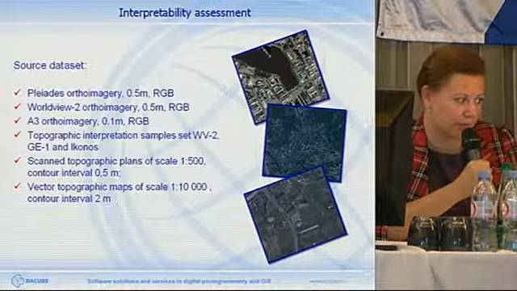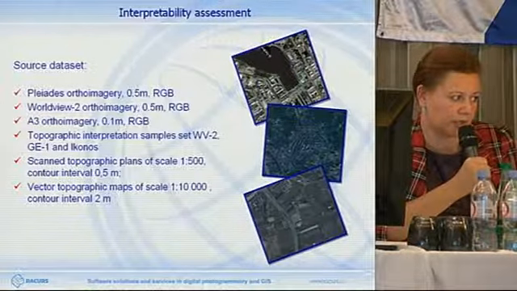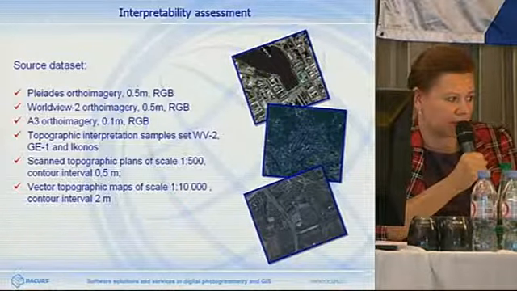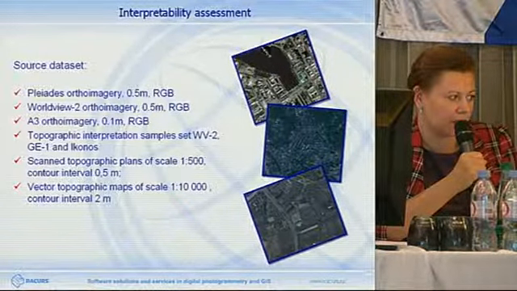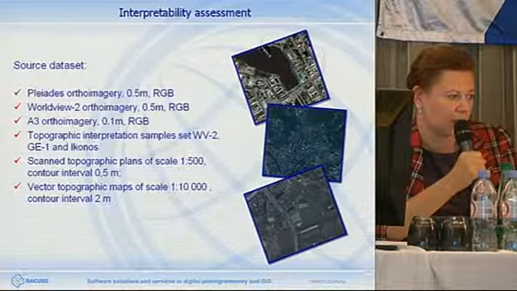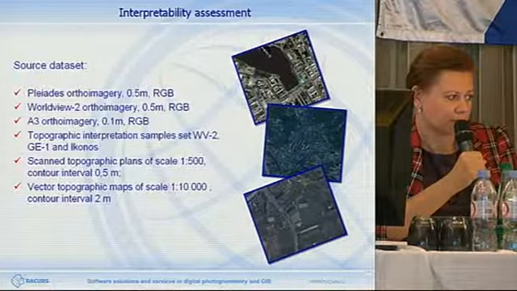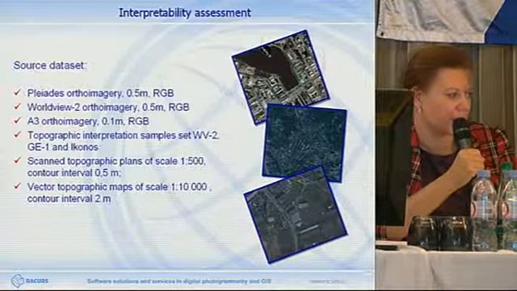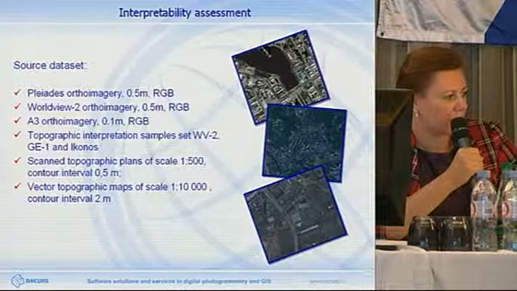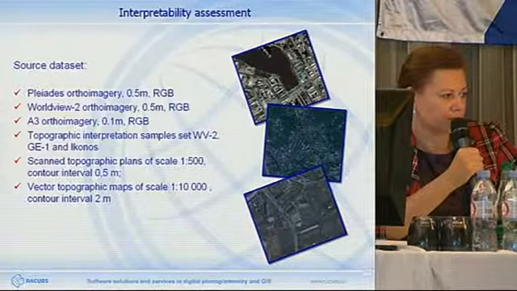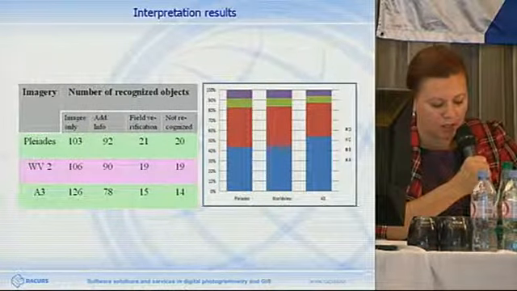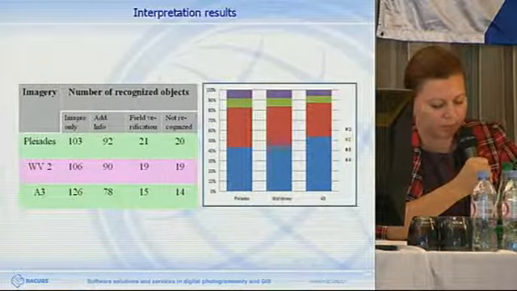In data interpretation, we looked at digital orthophoto plans obtained from Pleiades, Worldview, and A3 cameras. We used scanned topographic maps of 1 to 500, 1 to 10,000, a vector map 1 to 10,000, and a catalog of topographic objects obtained from Worldview 1, GeoEye, and Ikonos.